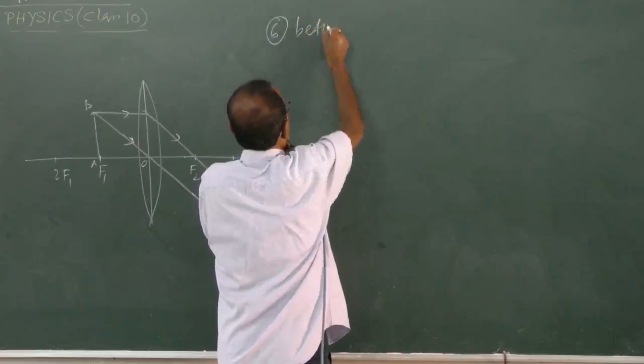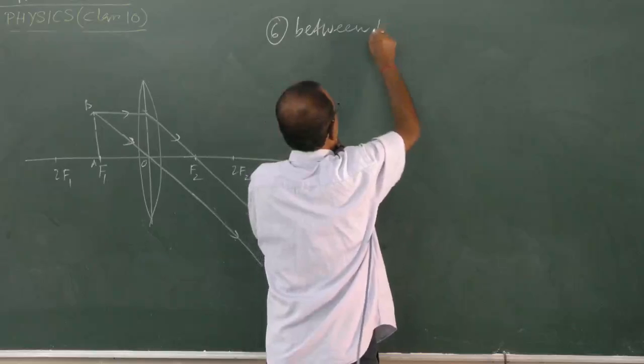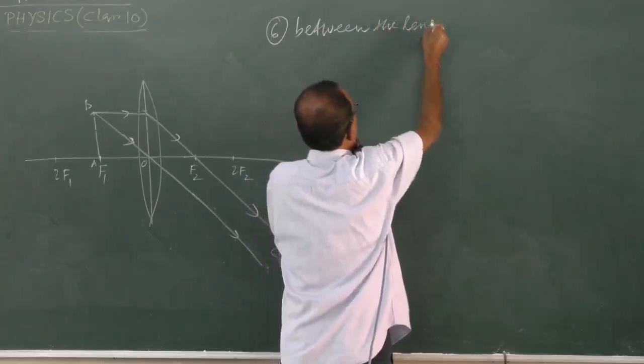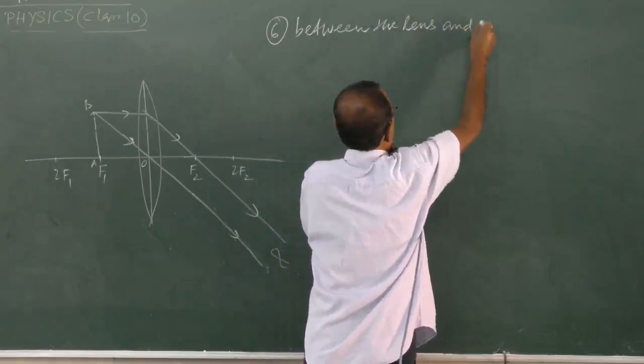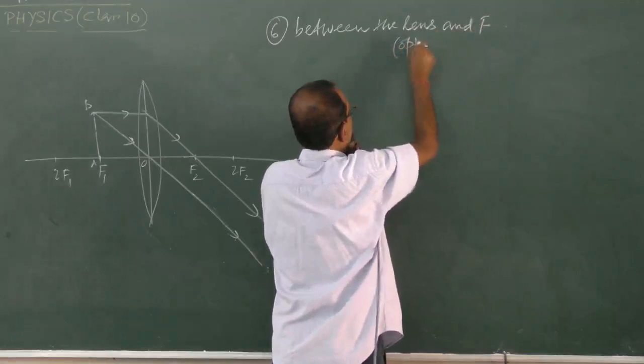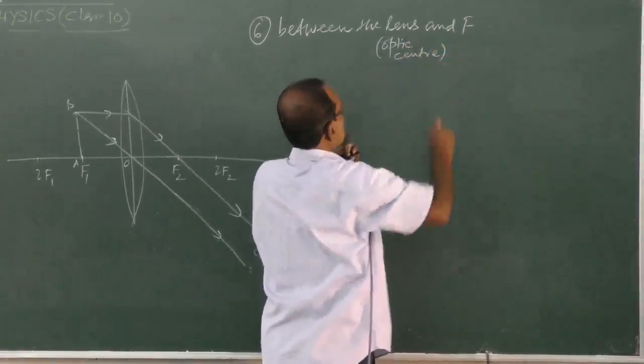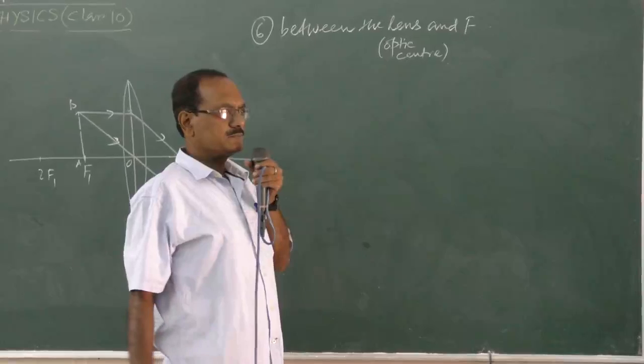Between the lens and F. In place of lens, you can write optic center, and focus.